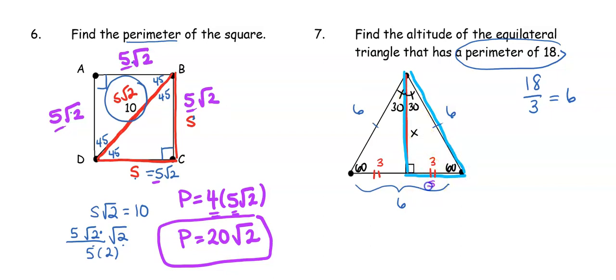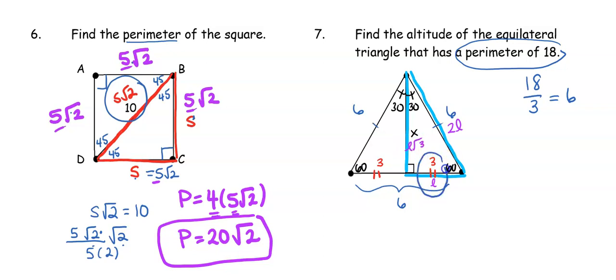Across from 30 is S, across from 60 is S root 3, and across from 90 is, oops, I switched my letters. We use L's. It really doesn't matter what letter you use. I'm just trying to be consistent here. So L, 2L, and L root 3.